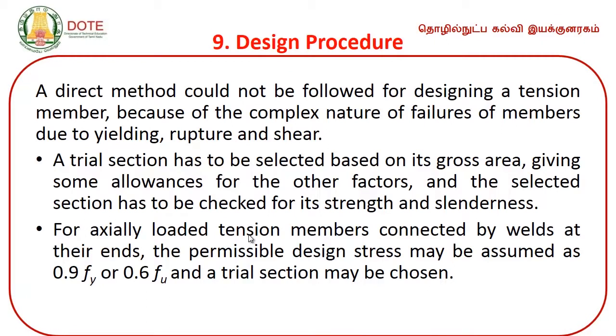So far we have seen the modes of failure of a tension member and how to ascertain its design strength, which is governed by yielding of gross section, Tdg, rupture of critical section, Tdn, and block shear, Tdb. The design tensile strength of the member is the least of these three values: Tdg, Tdn and Tdb. So, we will quickly go into the worked out examples.